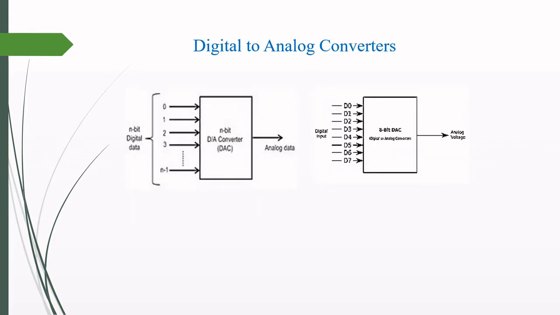Let us see digital to analog converters. The process of converting digital data into an equivalent analog signal is known as digital to analog conversion. The circuit that converts digital data into analog one is known as digital to analog converter.